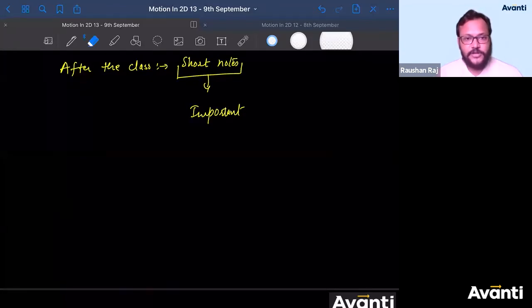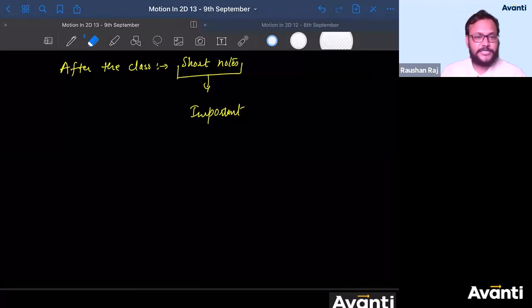In short notes, will you not do examples? Then how will you get to know problems? The short notes are not there for your problem solving or problems revision. To revise problems, to revise questions, you should mark for review. You should mark something on your module, on your reference book. Okay. In short notes, you can add some important examples.